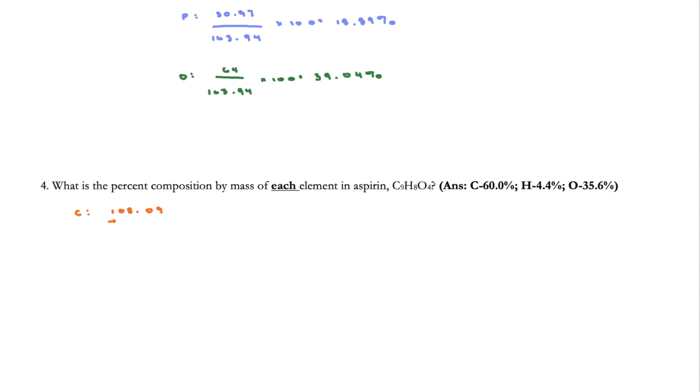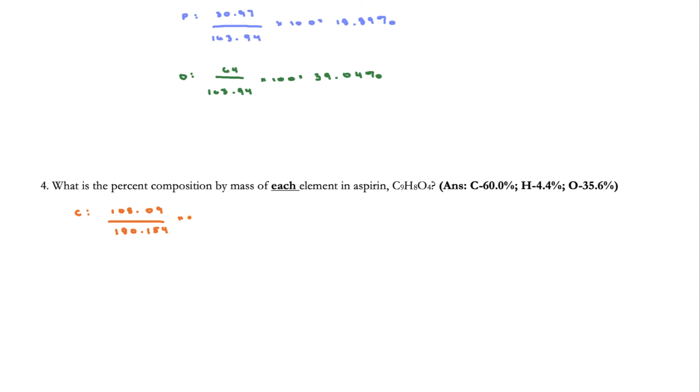Now I need to divide by the total mass of aspirin. So I take that mass of carbon and add to that 8 times the molar mass of hydrogen, which is 1.008, and then add the molar mass of oxygen, 16 times 4. So the total molar mass of aspirin is 180.154 grams per mole, if you didn't know that. Fun fact.